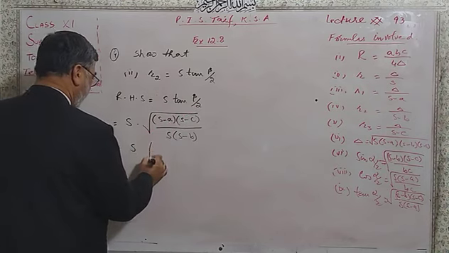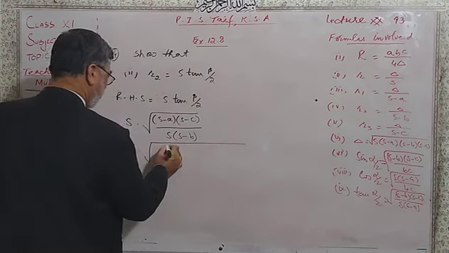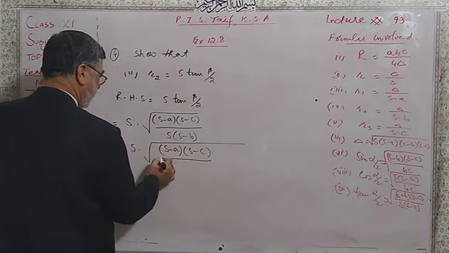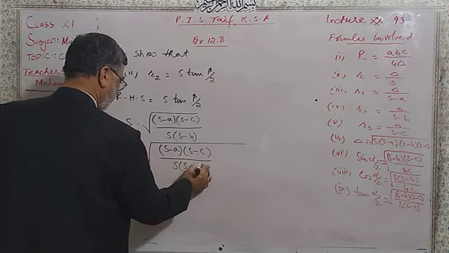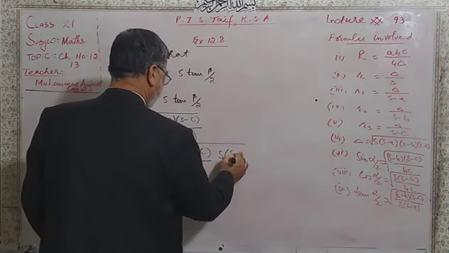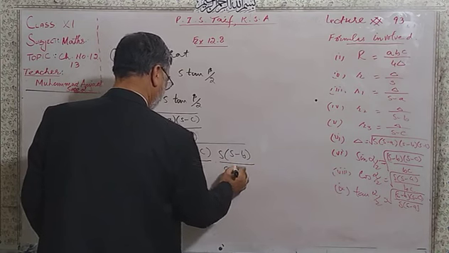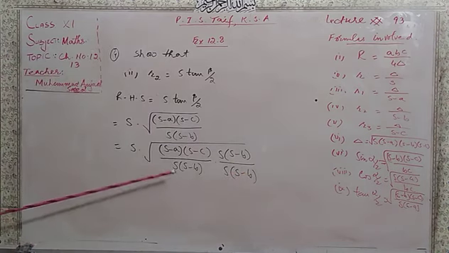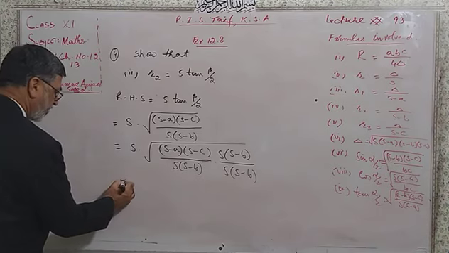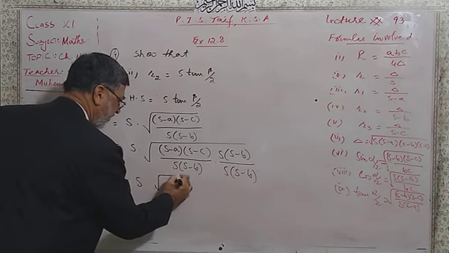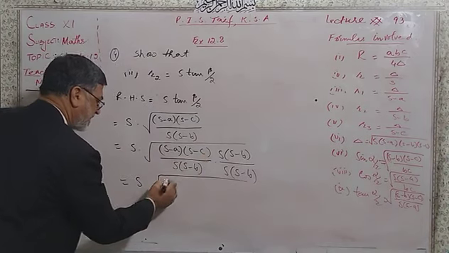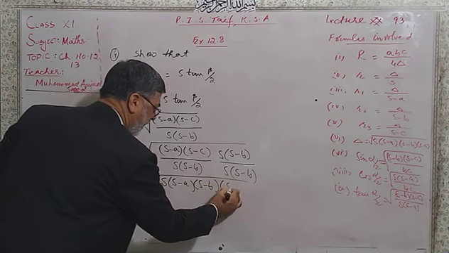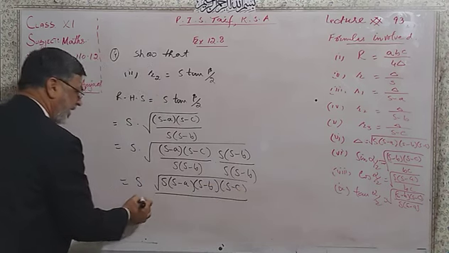So multiplying above and below by S into S minus B. Now we have S into S minus A, S minus B, S minus C divided by S into S minus B squared.